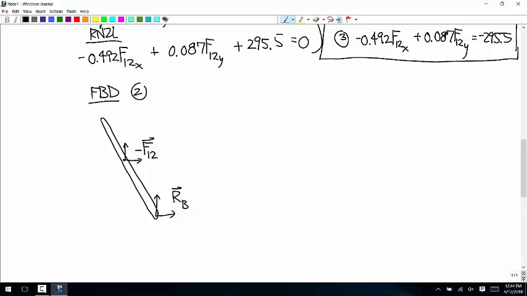Probably not. Although if there's no friction, we have no way of knowing that. Two forces, yeah. If you want to really make this clear to yourself, you could think of including the pulley as part of this body. So there's the pulley.